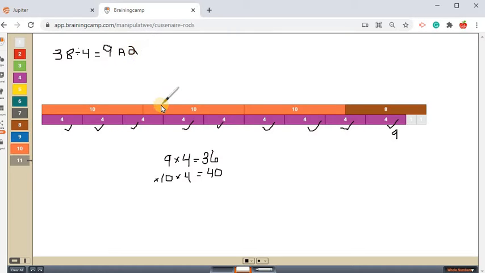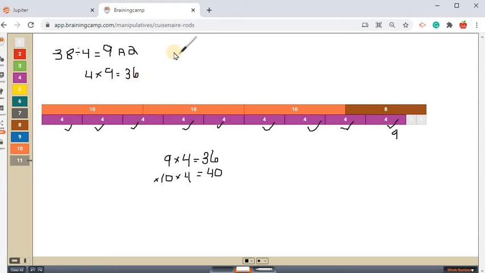Now let's flip that around and see what happens when we do multiplication with that. I know that I have 4 groups down here, and I have 9 of those groups altogether. So I can say that 4 times 9 equals 36.